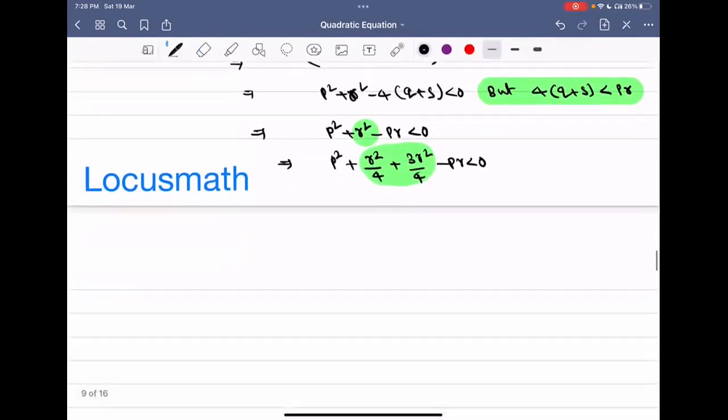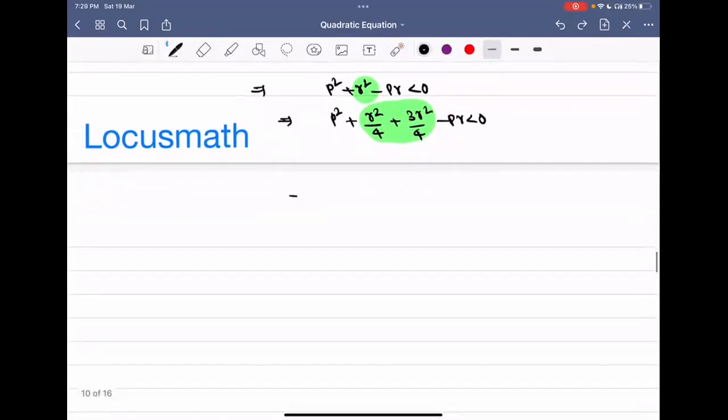Next, you club these terms, p square and r square by 4 and minus pr. So that implies p square minus pr plus r square by 4 plus 3r square by 4 is less than 0.